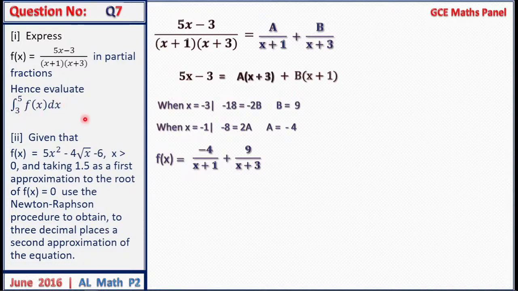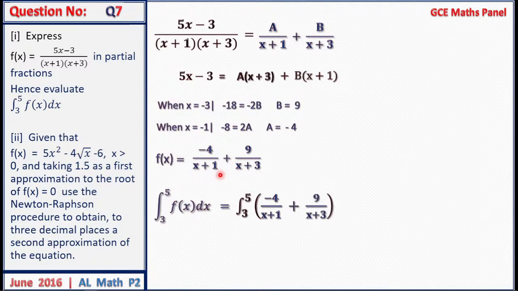Here again, I would like to emphasize that we have the word hence coming in. It means that we must use the previous answer to continue. In doing this, we integrate f of x dx from 3 to 5. We can break the integral into 2, right? So when you integrate, we will have minus 4 ln of x plus 1 plus 9 ln of x plus 3.